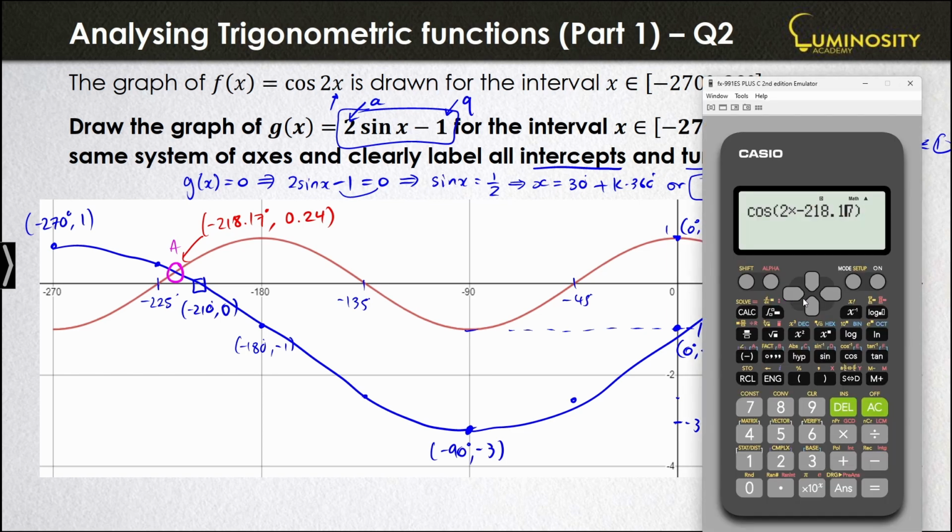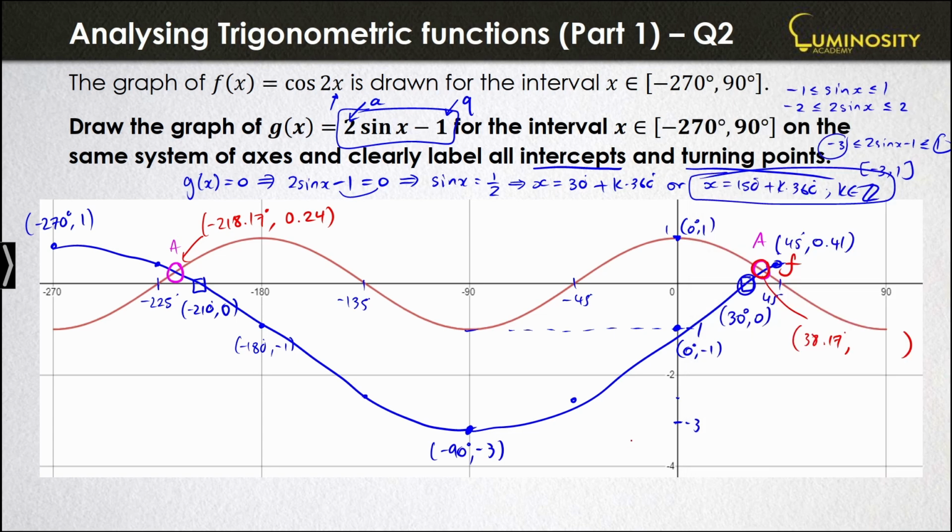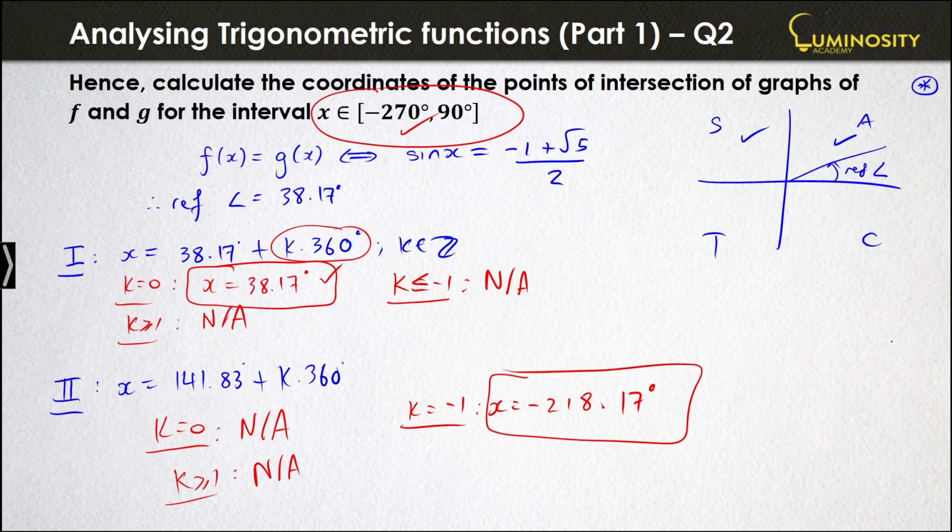And the other one was 38.17 degrees. All right, so plug that in, 0.24 as well. Okay, so that also worked out nicely. Okay, so those are the 2 points of intersection of those two graphs in that given interval.